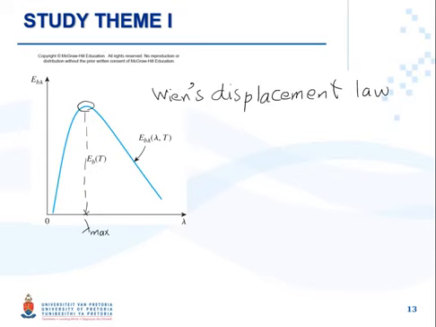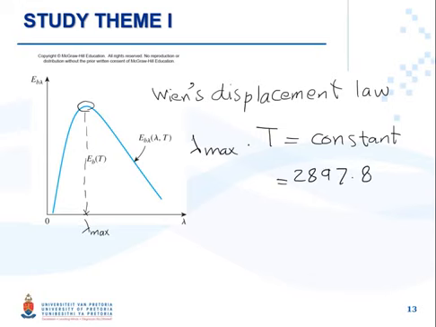So basically what this law is saying is that lambda max multiplied by T is equal to a constant, and that constant is equal to 2897.8 micrometer Kelvin. Okay, but please keep in mind that lambda max here is not the maximum wavelength.